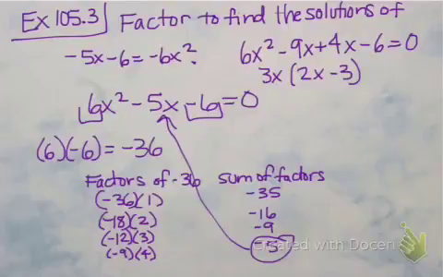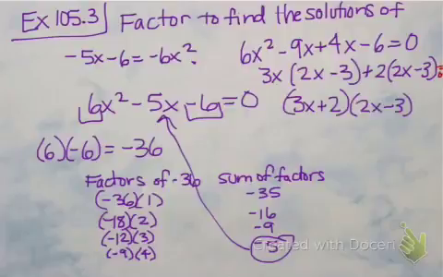We can pull out a 2. So we're going to put plus 2, and then 4x divided by 2 is 2x, and negative 6 divided by 2 is negative 3. So we get 3x plus 2 times 2x minus 3. That is equal to 0.